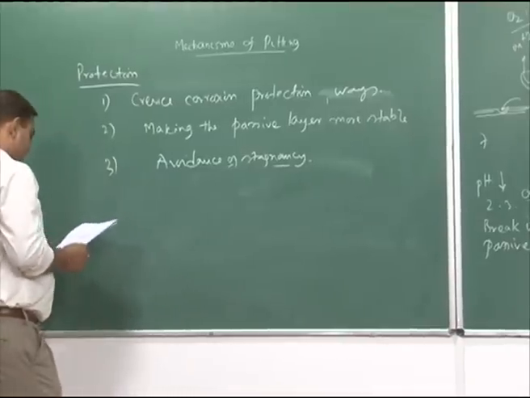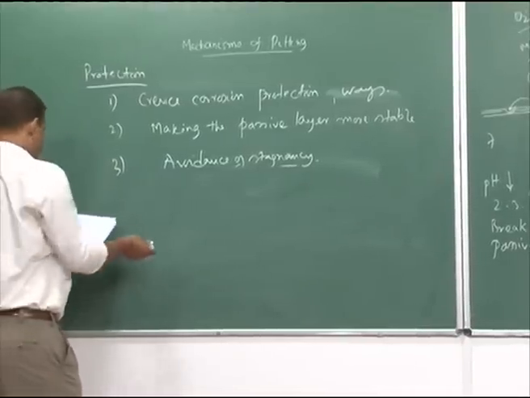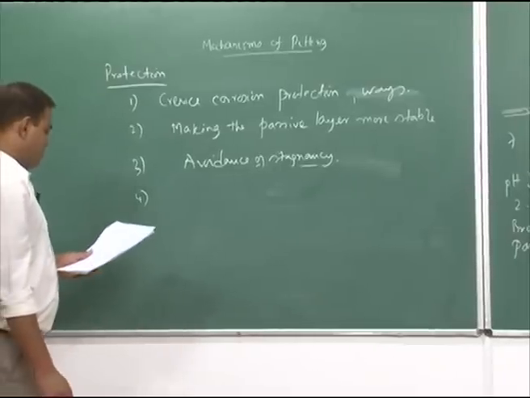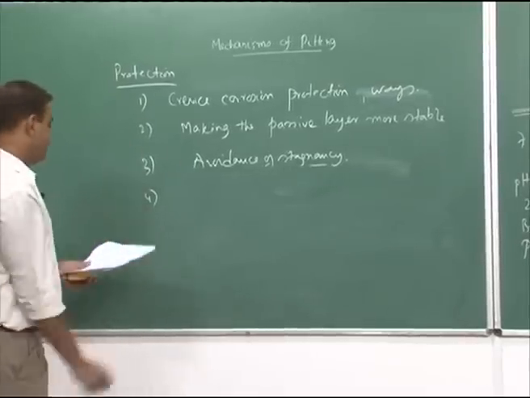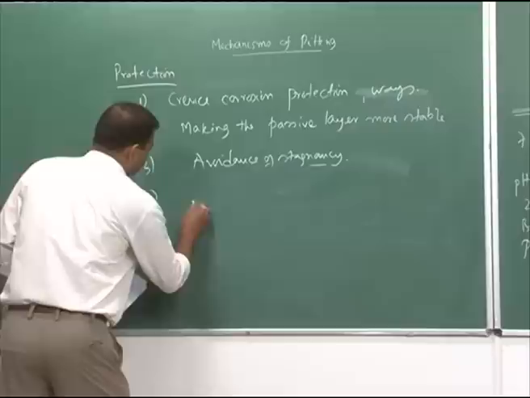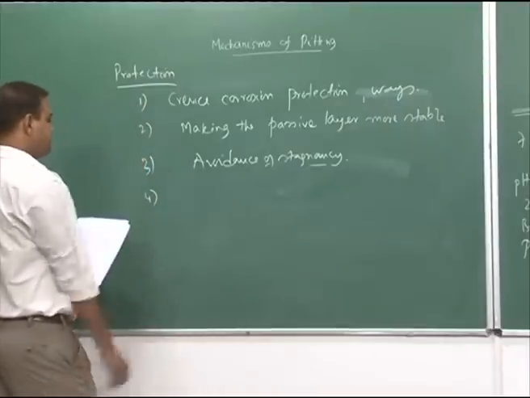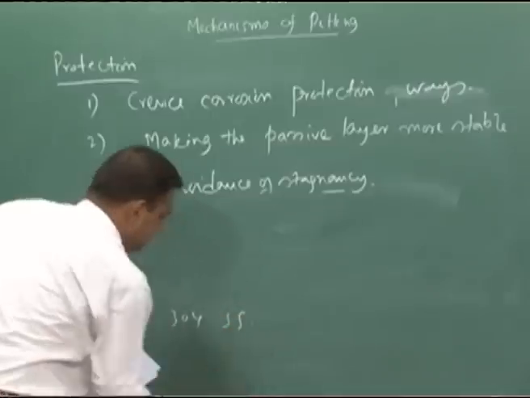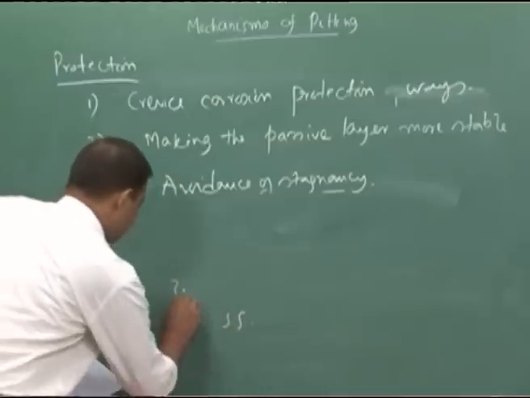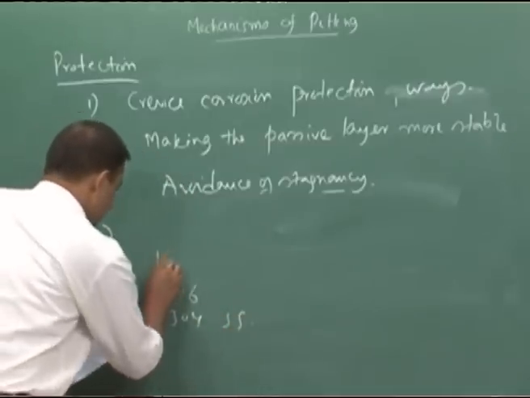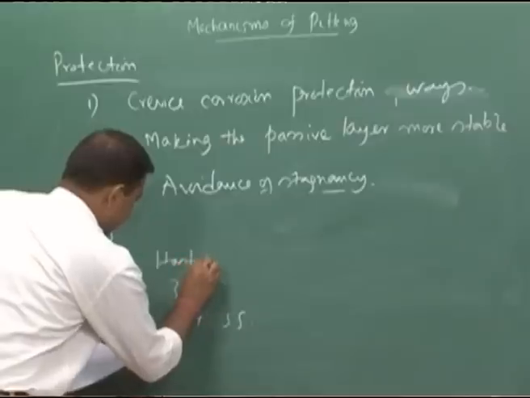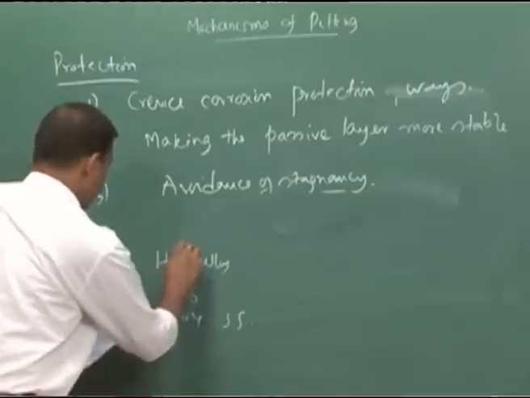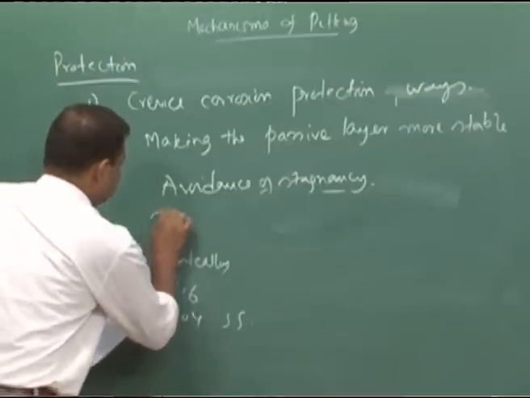Then we have different alloys where we have an increase in pitting resistance. For example, for increasing pitting resistance, at the bottom would come 304 stainless steel, then 316, then Hastelloy, then it can have titanium.